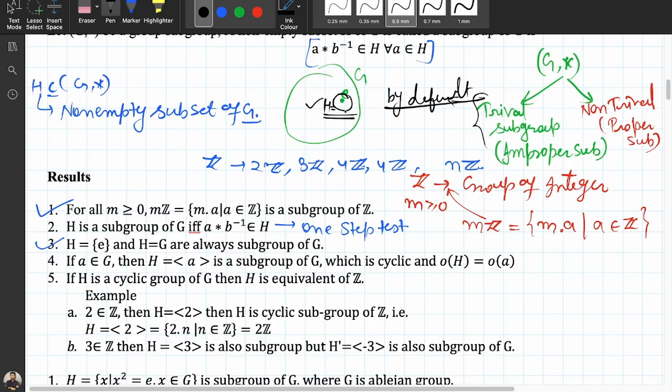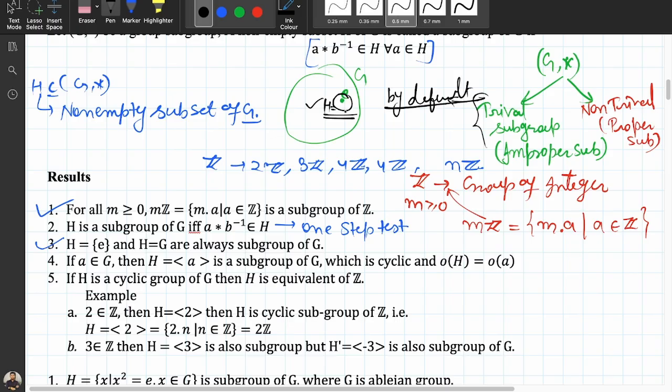Now why is it by default? If you take any group, there exists an identity. If I take the identity from that group as a subset, then it will by default be a subgroup. And one more point: a set itself is a subset, so G is a subset of G, and G is nothing but my group.